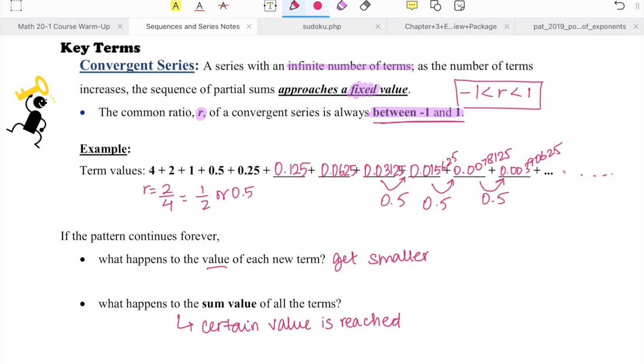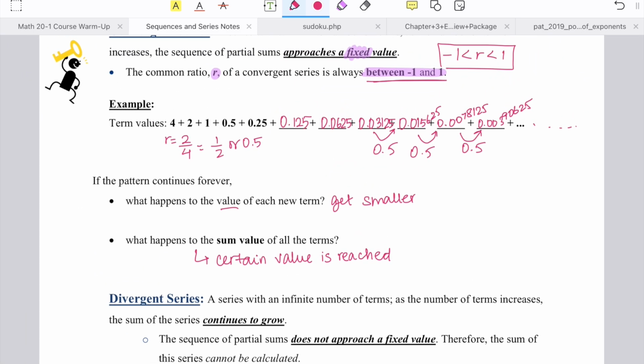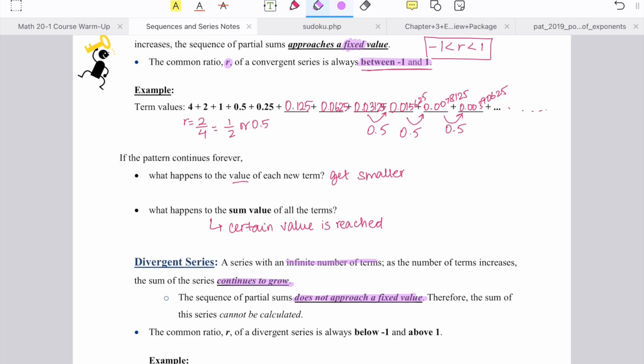The next term we have is divergent series. For convergent series, the ratio is between -1 and 1, and the terms get smaller and smaller and eventually reach a certain value. A divergent series also has an infinite number of terms, but it continues to grow and does not reach a fixed value, so you cannot calculate the sum in this case.